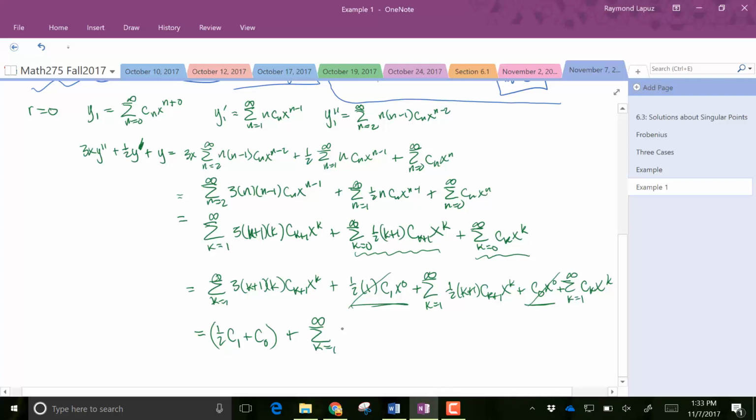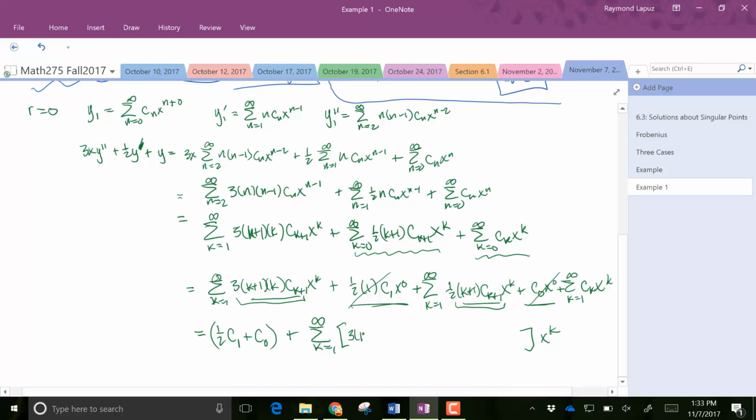And in each of these series, there's a couple of things to think about for factoring. One, we can factor out an x to the k since we made it so that they have the same x to the k power. And then the other thing to do is to collect all the terms with a c together with the same c subscript. So I'm going to collect the c sub k plus 1 terms together.